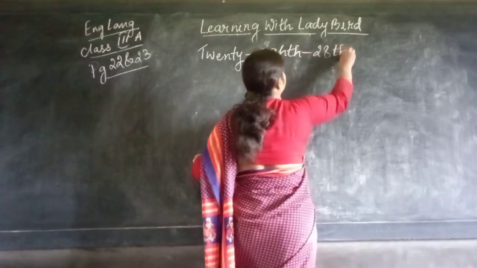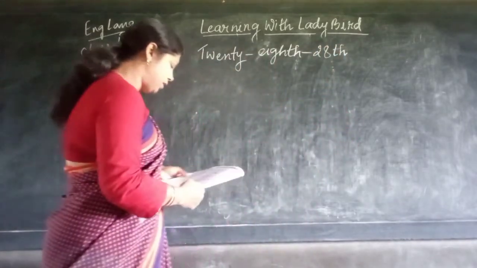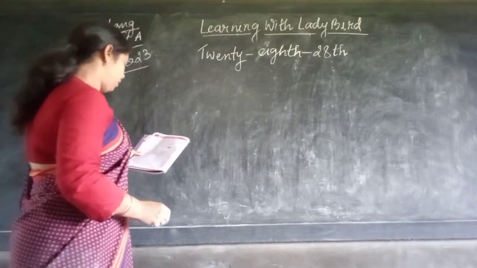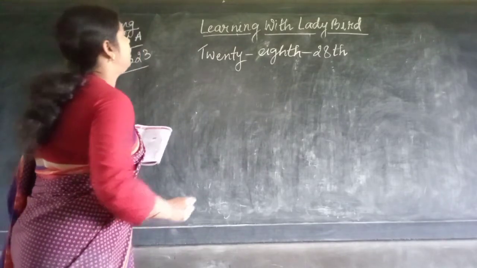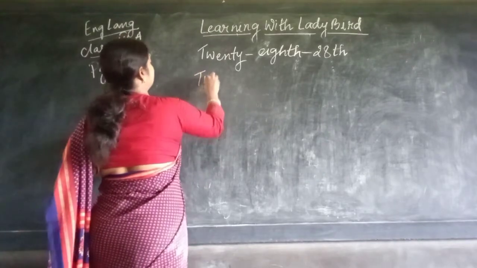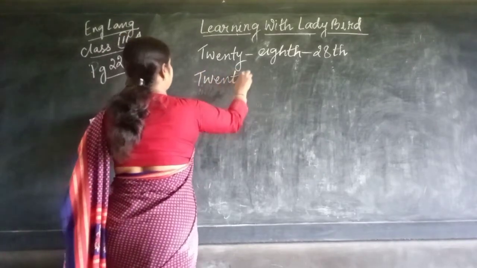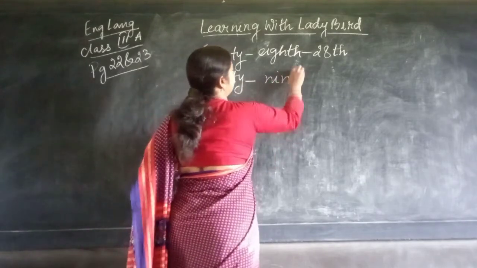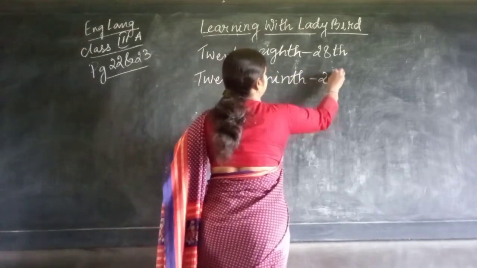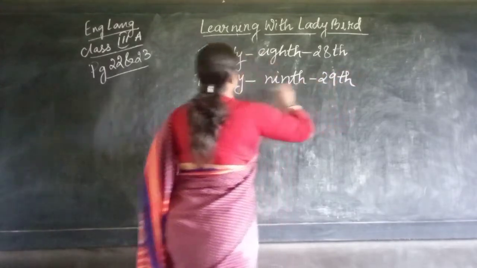We are writing in the form of numbers also. 28. Next number is 29. See the spelling: ninth, 29th.